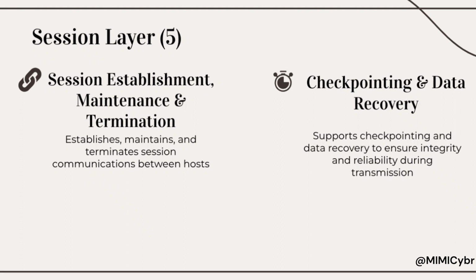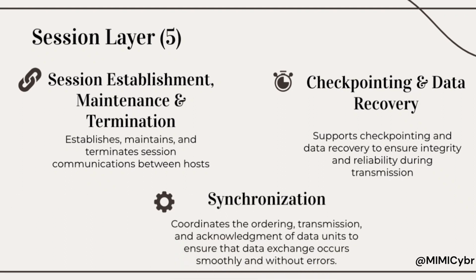The session layer is also in charge of synchronization. When data is transferred over a network, it may arrive out of sequence due to factors such as network congestion, routing delays, or packet reordering.